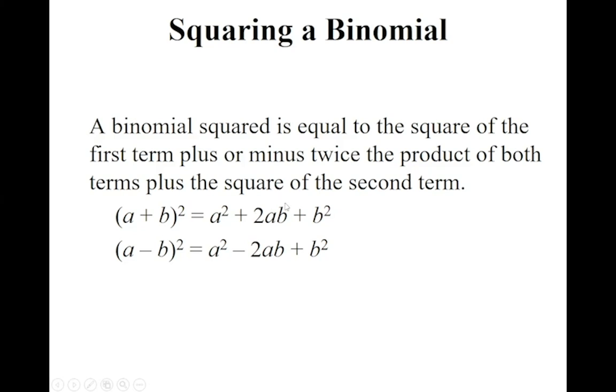There is a third term in the center. That third term is twice the first times the second. If it was a plus in the squared binomial, then it's a plus 2 times the first times the second. If there's a minus in the squared binomial, then it's minus 2 times the first times the second.